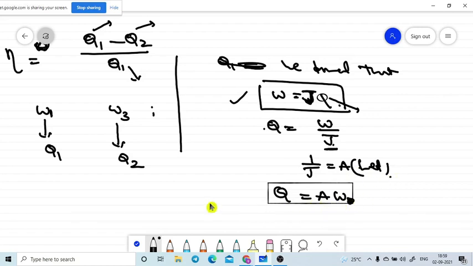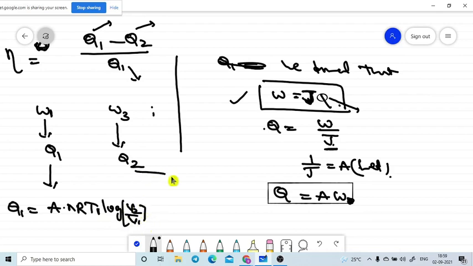So from this, Q1 is equal to, tell me the formula, A into W1, that is A into nR T1 log of V2 by V1. This is the formula. Tell me the Q2 formula.